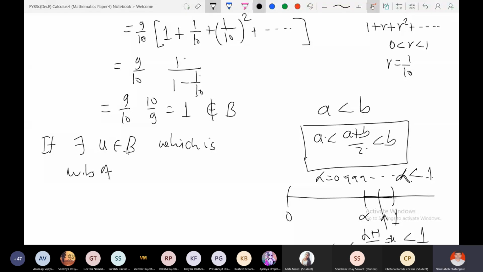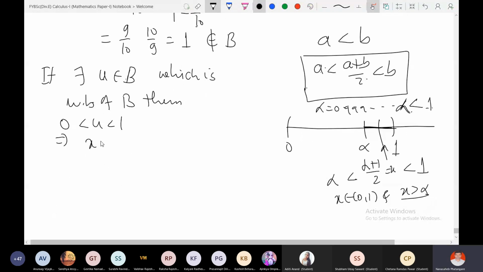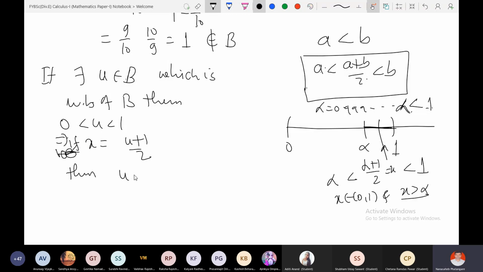If u is a member of the set and it is an upper bound of B, then 0 is less than u, which is less than 1. And therefore x equal to (u plus 1) by 2 is such that u is less than x, which is less than 1, and x is a member of B, so that u is not an upper bound. Contradiction.